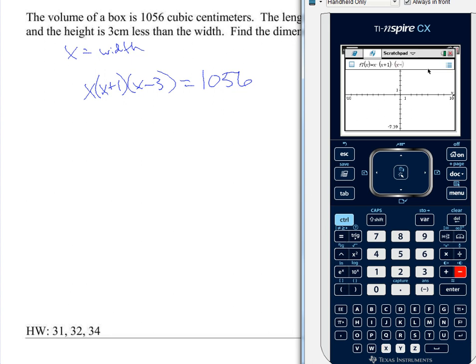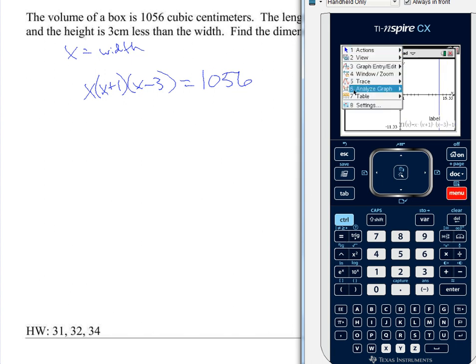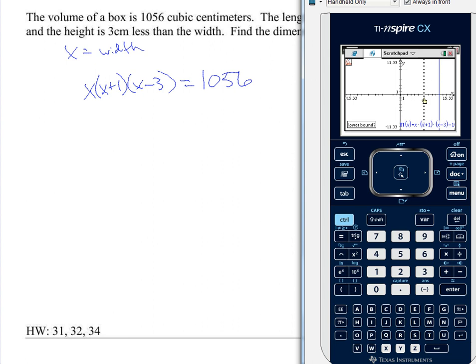And I need to move that 1056 over. So I close my parentheses and then I subtract 1056. Press enter and I don't see anything. That's because my solution is sort of off my graph. I need to zoom out some and there we go. Then just like we did in the previous section, analyze graph, find the 0.